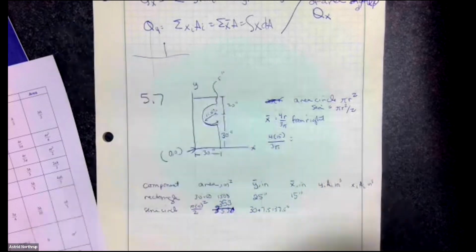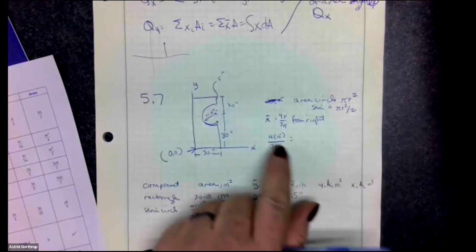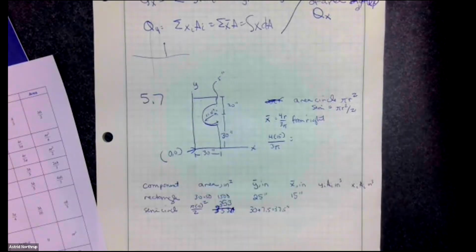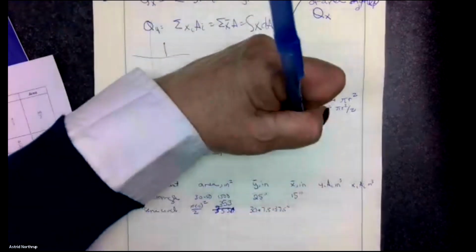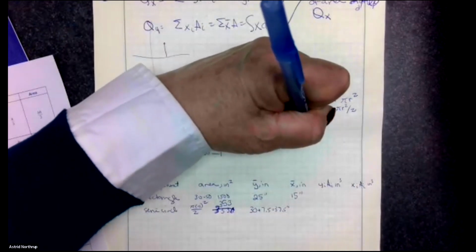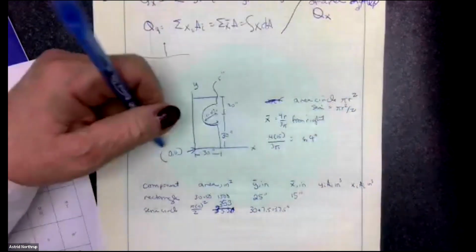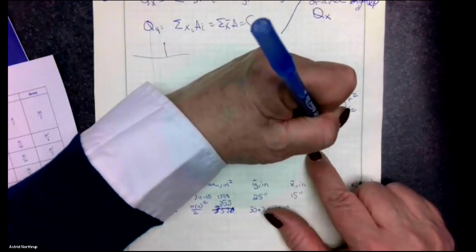So that's 20 divided by 3.1416. Yeah, so it's going to be about 6.4 inches from the right.